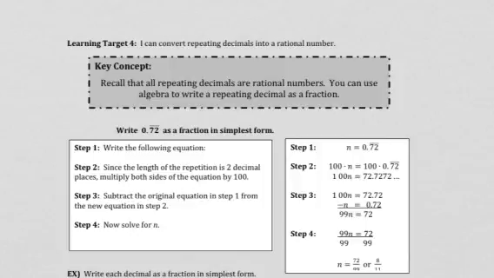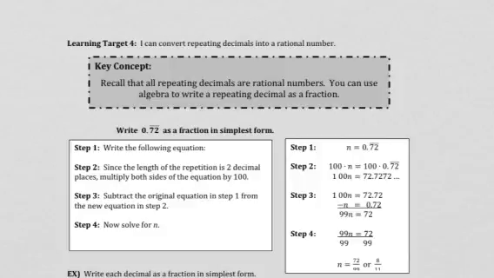So since it had two decimals repeating, we are going to multiply by 100 on both sides of the equal sign. So 100 times n, and 0.72 repeating is multiplied by 100 as well. So on this side we still have 100n, and if you multiply this number, 0.72 repeating, by 100, I'm going to write that out a little bit more for you.